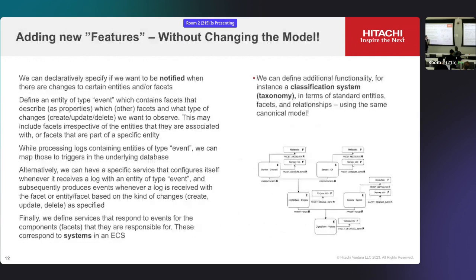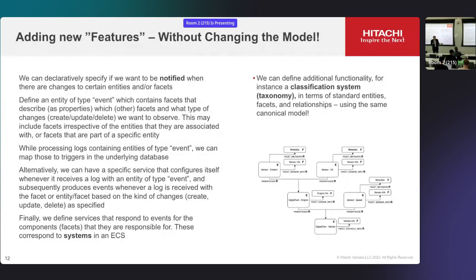And so let me, I mentioned we can do a lot of additional functionality on top of this generic model. I want to point out very briefly a couple of ideas. One idea is that I can, for instance, define events. If I want to monitor the graph, I can define a new entity of type event or notification.